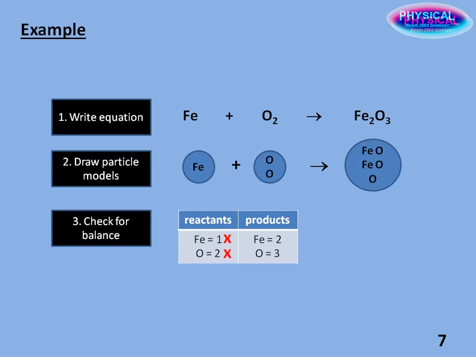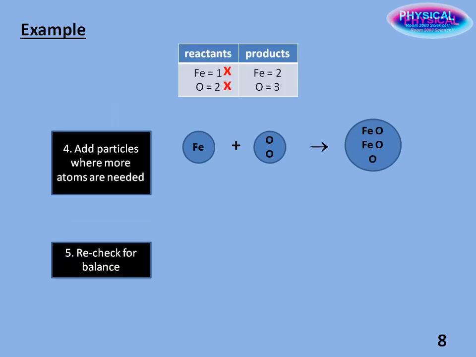The reason I put the X's on the left side is I put them where I have fewer atoms. On the reactant side, I only have 1 compared to the product side where I have 2. So when I start balancing, I'm going to start on the side with the lower amount of atoms. So I'm not balanced, and I need to start on the reactant side with both particles.